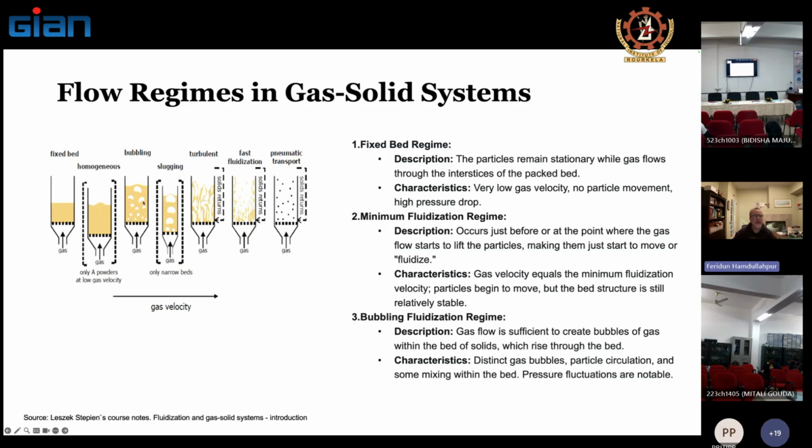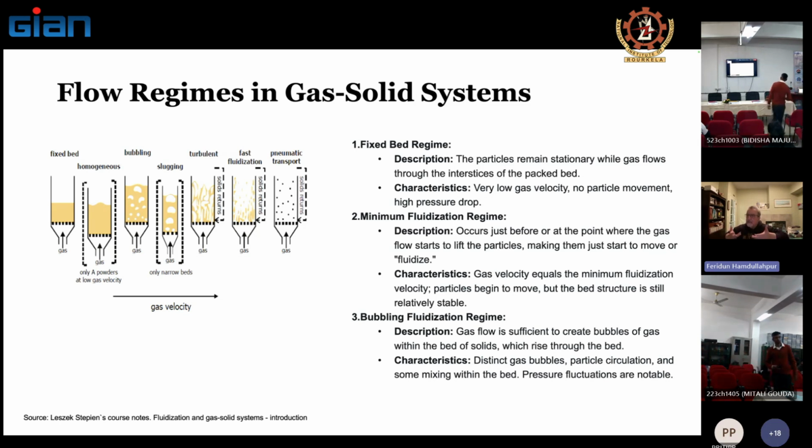But regardless of that, when the gas velocity increases to a level, you start seeing bubbles. So understand this. Air is flowing through this, nothing is happening.